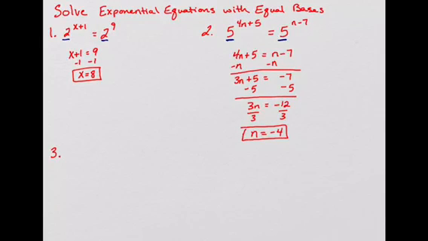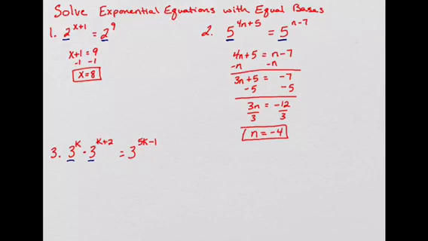Alright, so for example 3, we have 3 to the k times 3 to the k plus 2 equals 3 to the 5k minus 1. So now for this problem, since these bases are the same on the left side, I can combine my exponents.